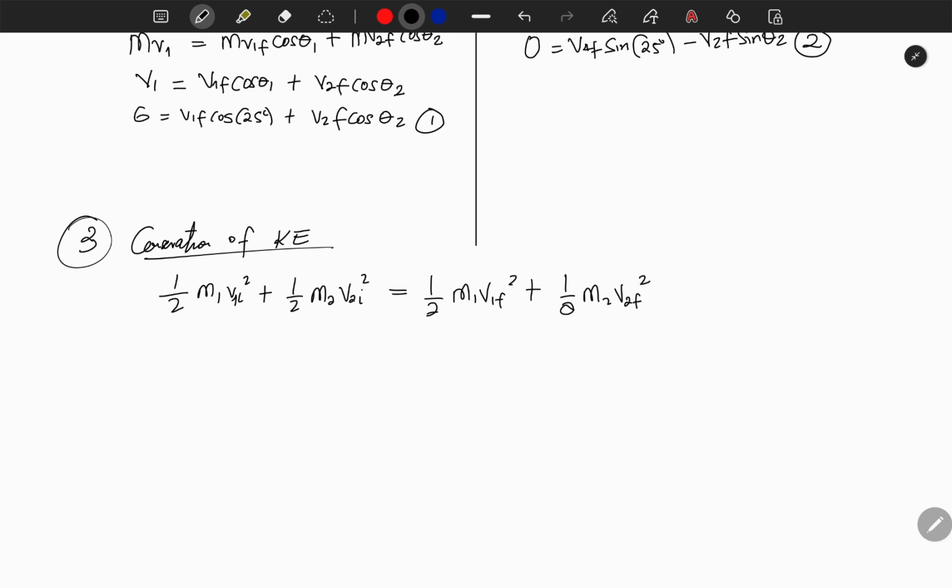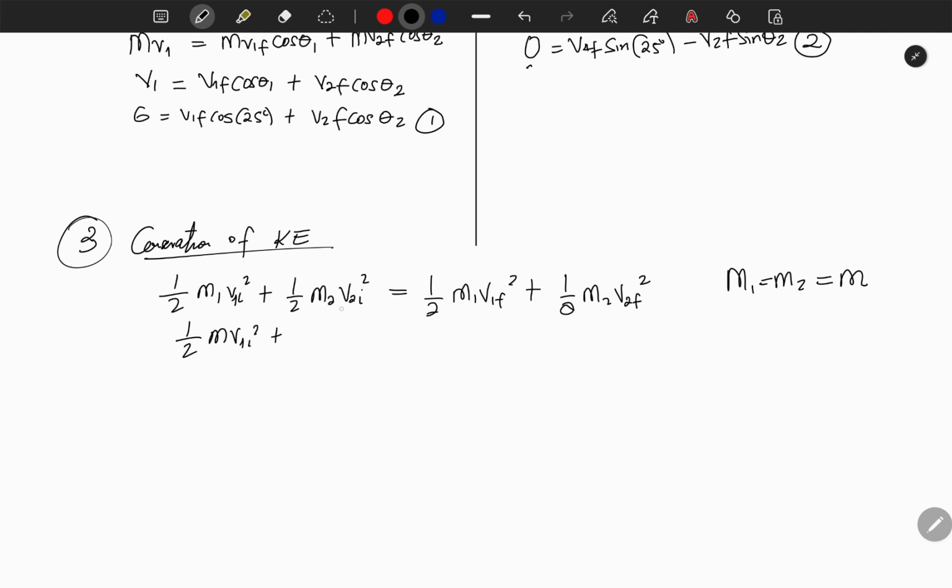But the mass m1 is equal to m2, so we can just call it m. Clear, right? And at the same time, we know that the initial velocity of the second ball is just 0. That's why we had 0 momentum at the beginning. So what does this equation reduce itself to? This becomes one half m v1 squared.